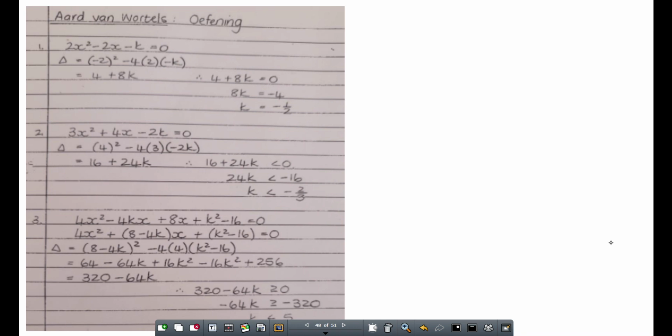Now, for me to have equal roots, delta must be equal to 0. So daar sal jy sien aan die regterkant sê ek vir jou 4 plus 8k is gelyk aan 0. Nee. Okay, and then we can solve what k is. So 8k is equal to minus 4, which means that k moet wees minus 1/2. Any questions at number 1?